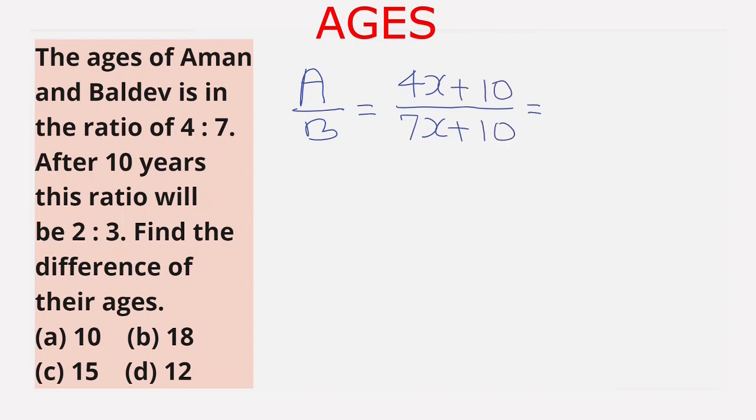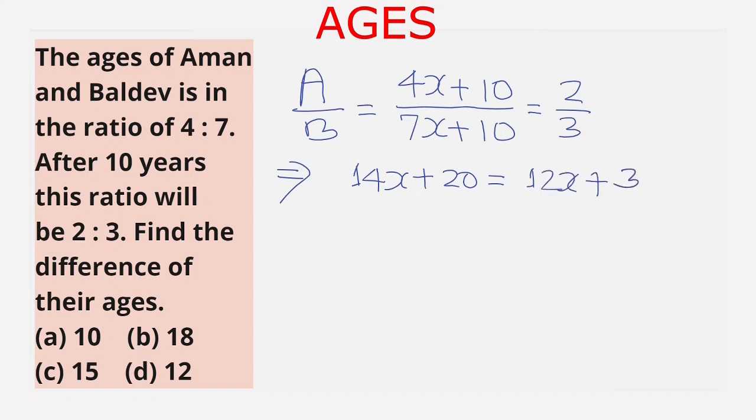So this becomes 4x plus 10 upon 7x plus 10 equal to 2:3. So I write 2 upon 3. And by cross multiplication we get 7x times 2 is 14x plus 10 times 2 is 20 equal to 4x times 3 is 12x plus 10 times 3 is 30.